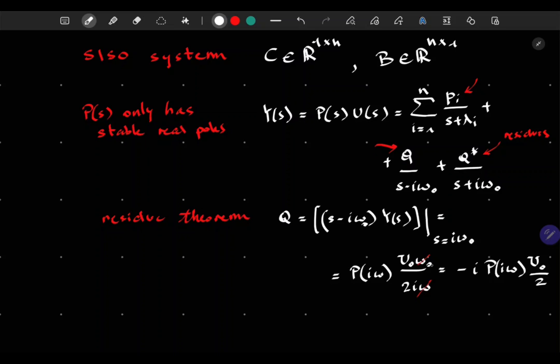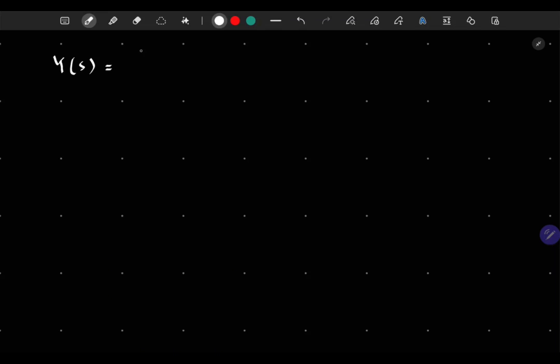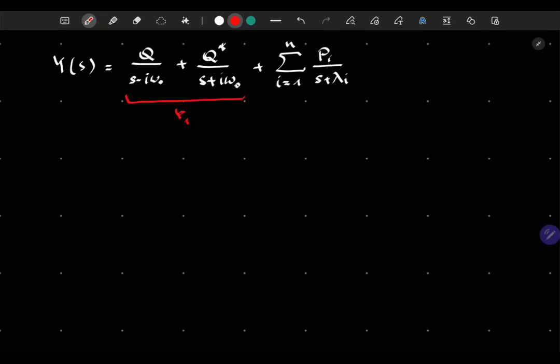Now we can write the full expression for y of s. So we have q over s minus i omega naught plus q star over s plus i omega naught, plus the exponential terms. And we divide this into y1 and y2. Now for y2, we can take the inverse Laplace transform.